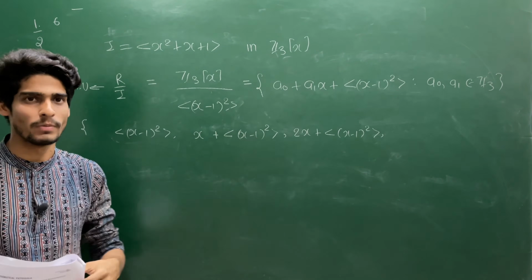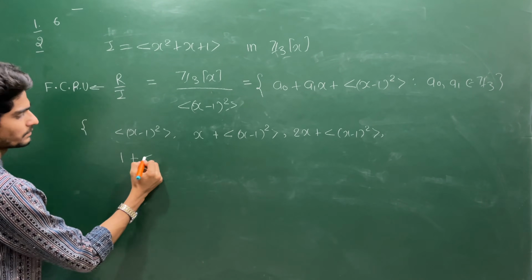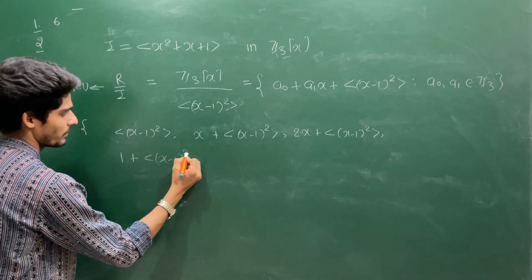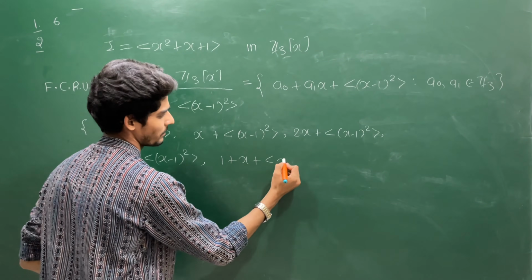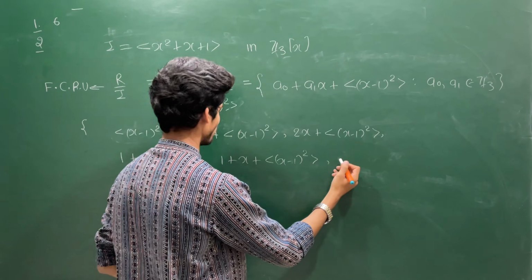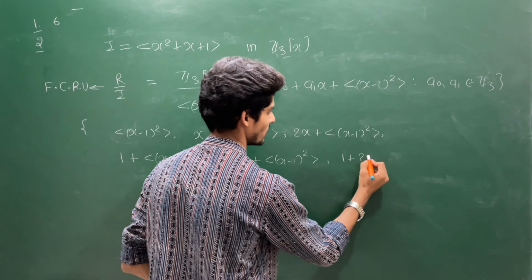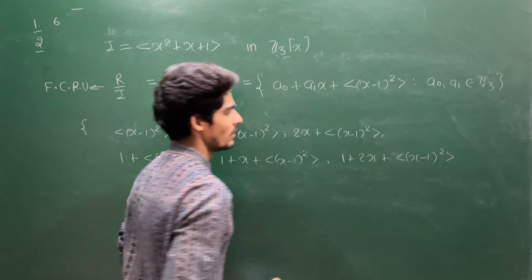Now I am fixing A0 to be 1. I will have 1 plus the ideal, then 1 plus x plus the ideal, then I will have 1 plus 2x plus the ideal generated by this.